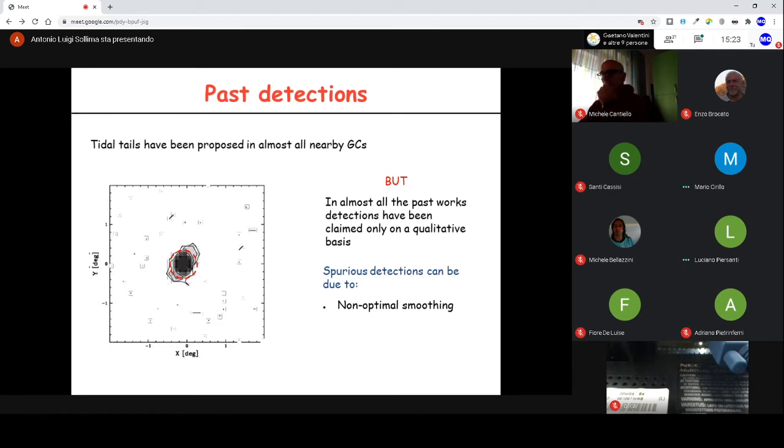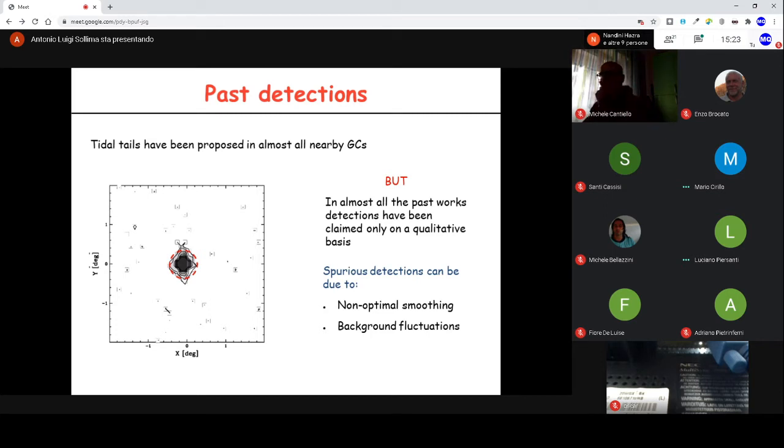It's just due to the fluctuation at the boundary of the cluster, and the fact that you have a convolution of the two distributions which exceed what you are assuming to be the tidal radius. And indeed, if you make different extractions, so considering different clusters, you have different contours which always exceed the distance of the tidal radius. But in this case, there are no tails.